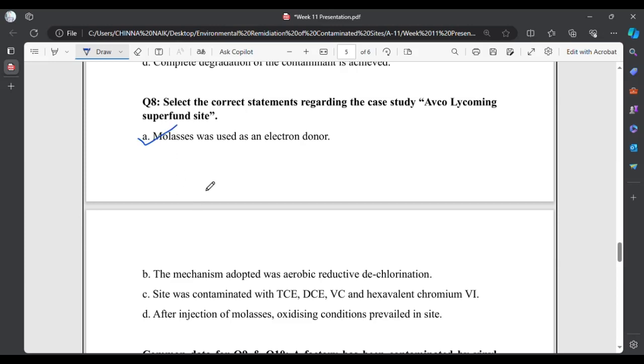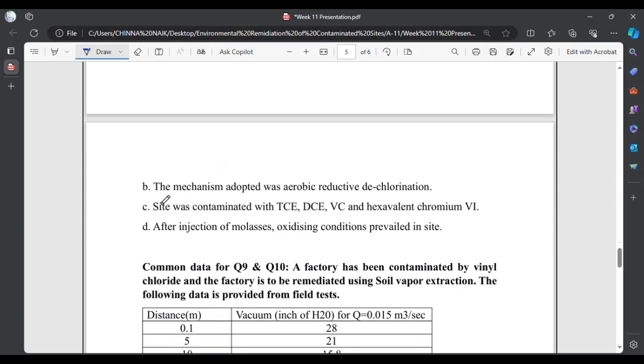Yes, true. We are adding molasses because it acts as an electron donor for methane production in the fermentation process, because methane helps in dechlorination, right? Second option, statement 2: the mechanism adopted was aerobic reductive dechlorination.